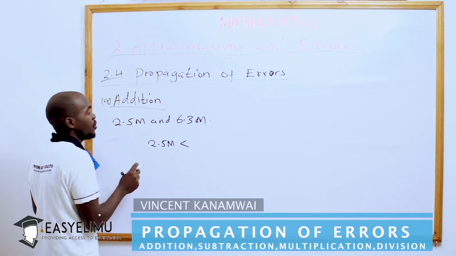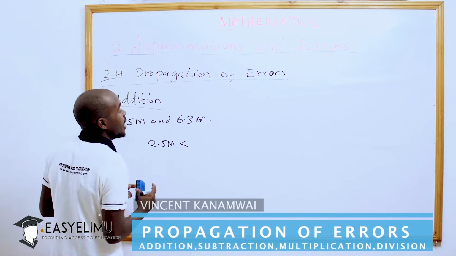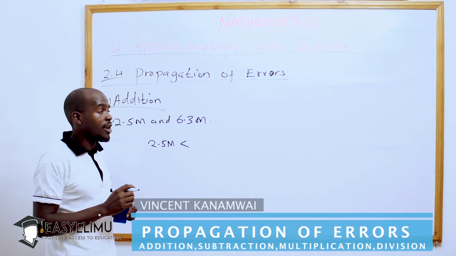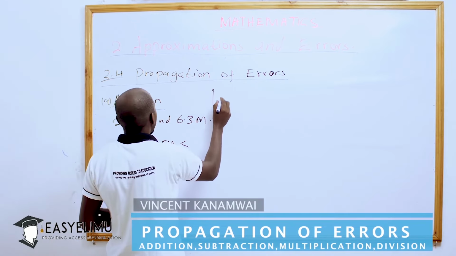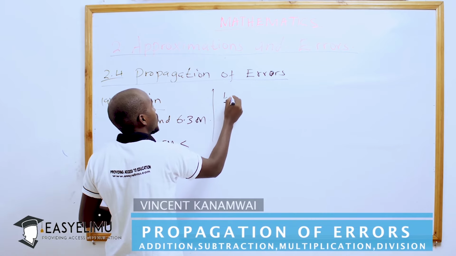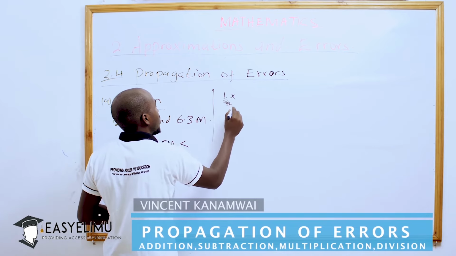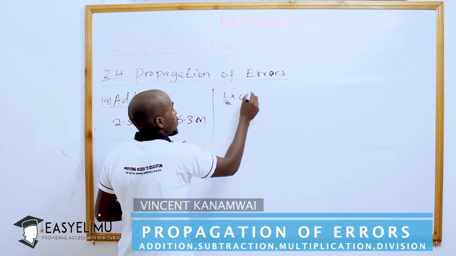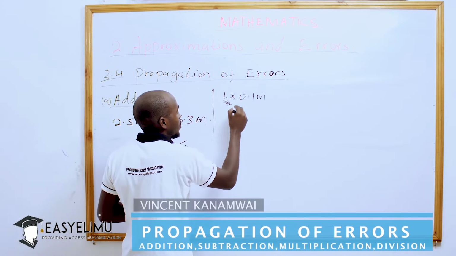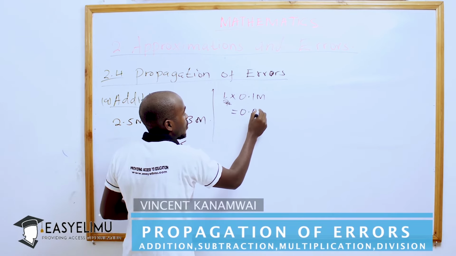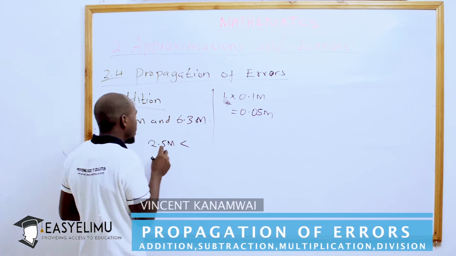First, let's find in each case the absolute error. The absolute error will be a half multiplied by the least unit of measurement, and the least unit of measurement here is 0.1 meter. So we are going to get 0.05 meters.